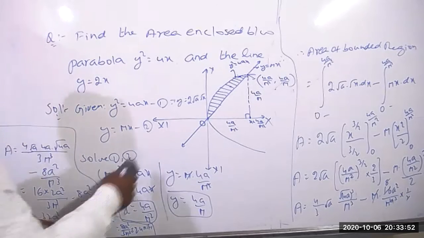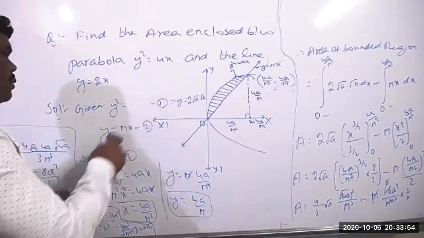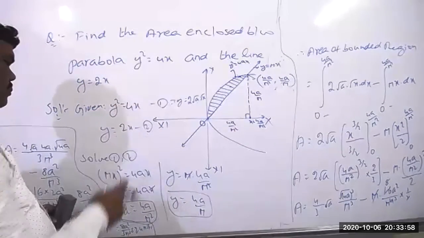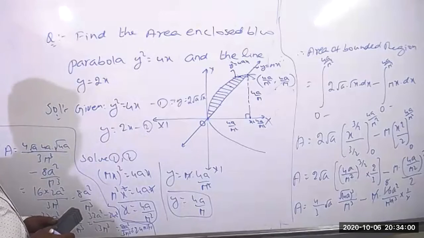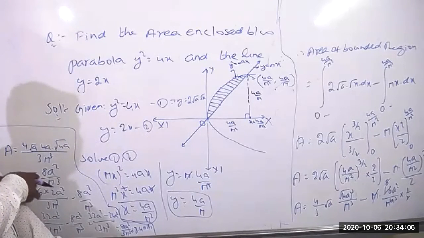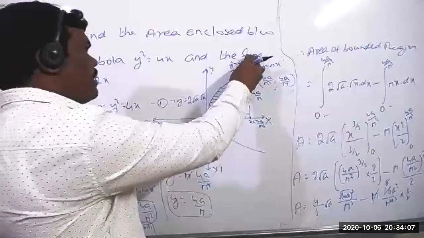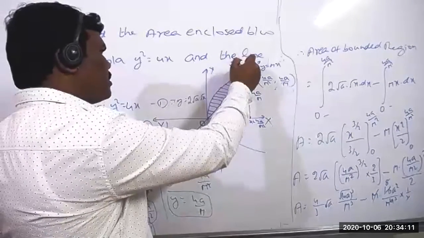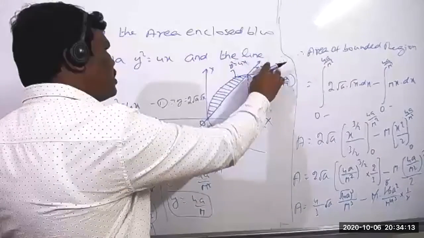And this is more easy. Y square equal to 4x and y equal to 2x. So this graph will be y square equal to 4x, and this is y equal to 2x.